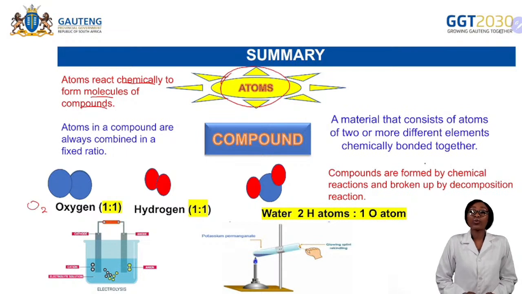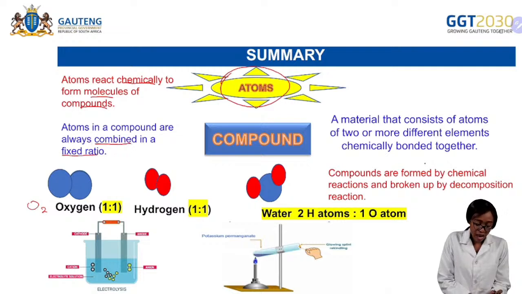Usually when we're drawing models of atoms that are bonded together, we use a line to represent the chemical bond. We also learned that atoms in a compound are always combined in a fixed ratio. What do we mean by that?